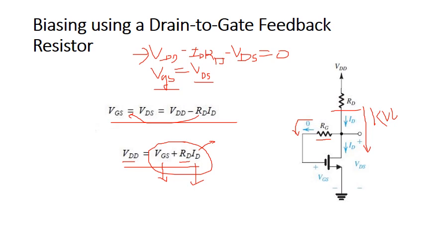So this is the third method of biasing. Basically, we are trying to stabilize the ID current, by which we can also stabilize the VDS voltage. When these two quantities are stable, then we can select an appropriate DC operating point, by which we can see to it that the transistor operates in the saturation region, in which it can operate as an amplifier. So these are the three methods of biasing the MOSFET.